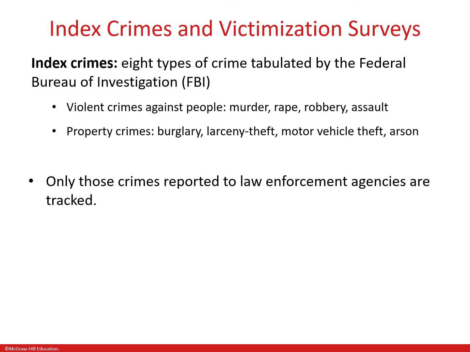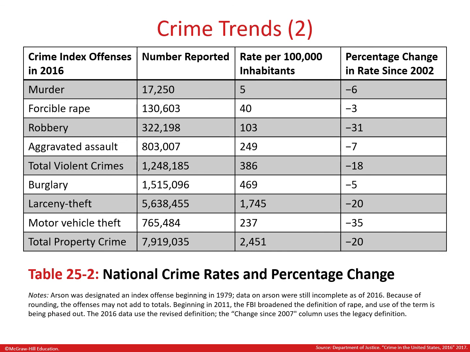The violent crimes, we'll see a table and see how these numbers have changed. So here we see a table of crime trends and how the rates, the percent change, has really decreased in every category: murder, rape, robbery, aggravated assault, burglary, larceny, theft, motor vehicle. I think arson is the only thing that's not included in here.